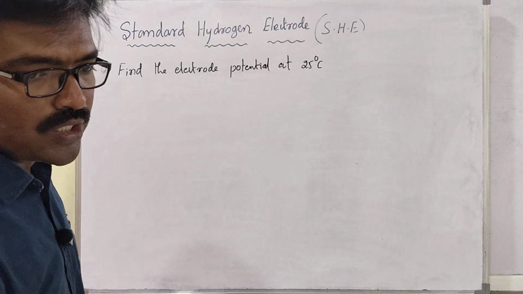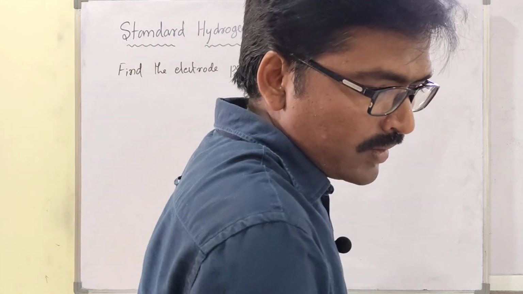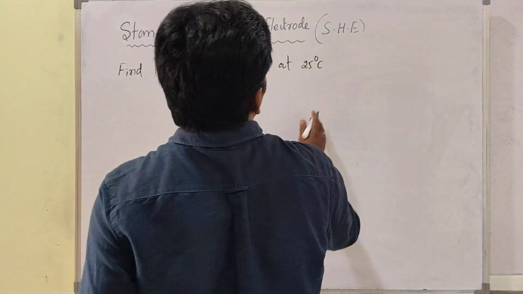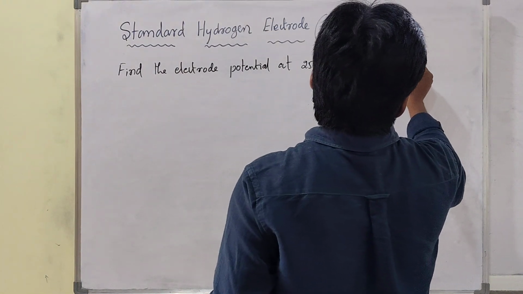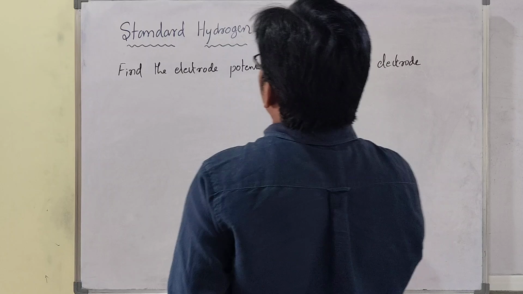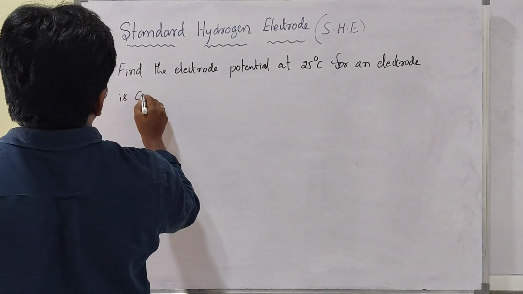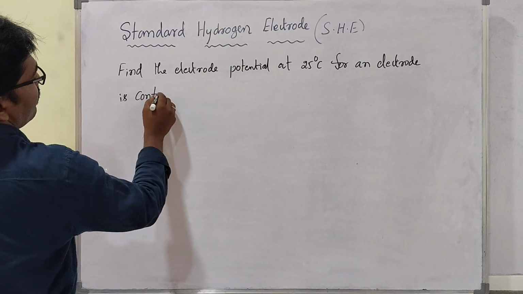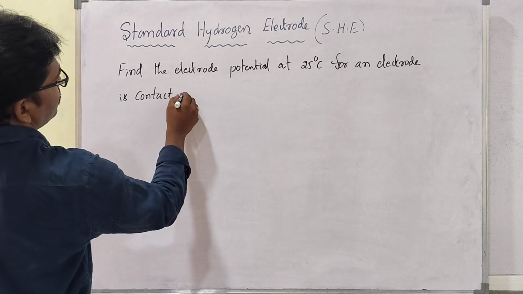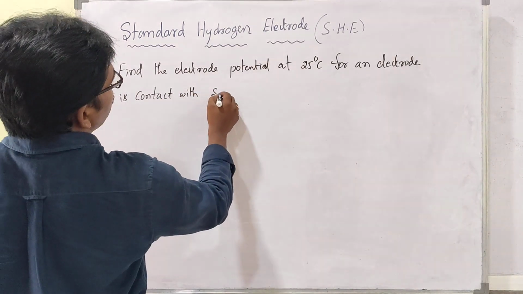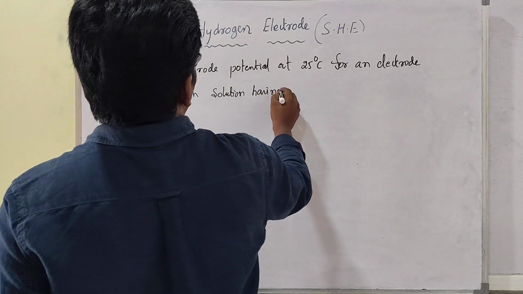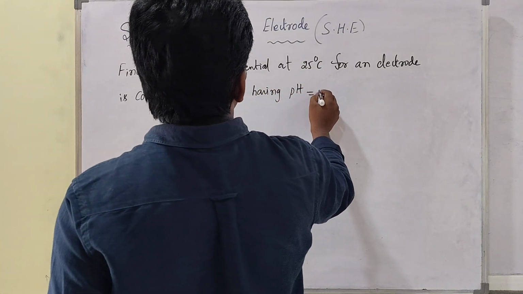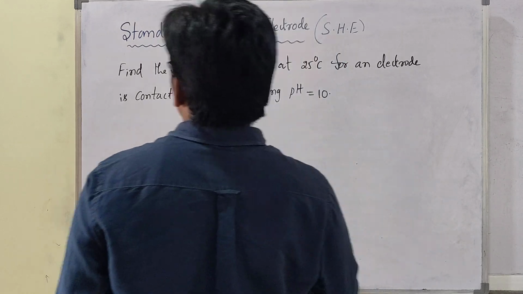Find the electrode potential at 25 degrees Celsius for an electrode in contact with a solution having pH equals 10. That is the question.